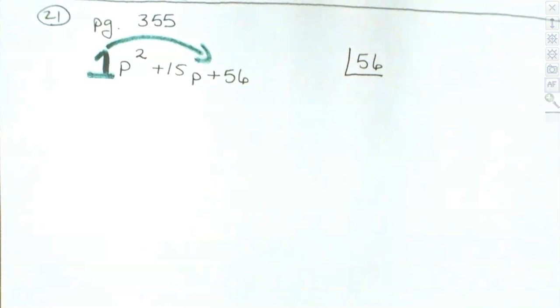Now, how can we get two numbers to multiply together to give you a positive 56? Well, to get two numbers to multiply together to give you a positive number, how can that happen? They can either both be positive or both be negative, one or the other. So this is a positive 56.